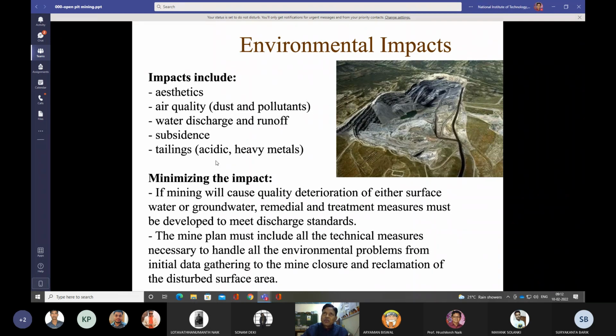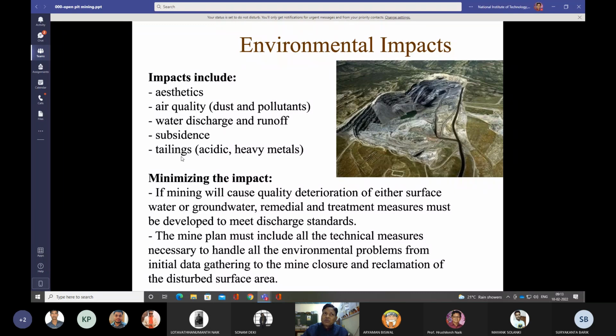So the environmental impacts of opencast mining include that the aesthetic beauty of the earth's crust is damaged, air quality is deteriorated because of the dust and different types of toxic pollutants, water also gets polluted in the mining area, and the land also sometimes subsides. Land subsidence takes place, or movement of the ground takes place.